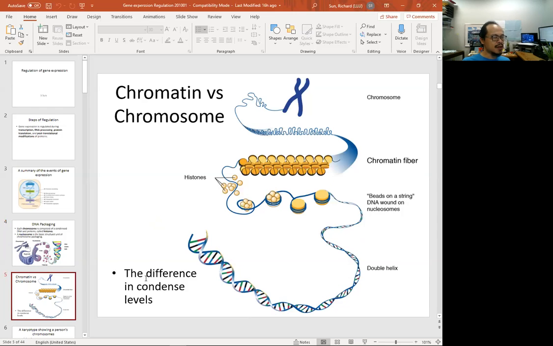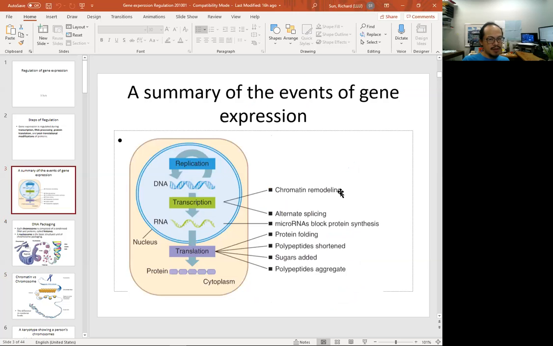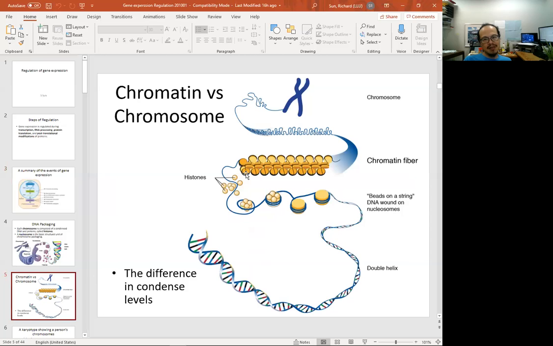This one shows you the transition from the DNA into chromosome. Sometimes we hear chromatin, like at the very beginning, we say chromatin remodeling. So chromatin basically is chromosome. It's just different level of packaging. So here, this is chromatin fiber.